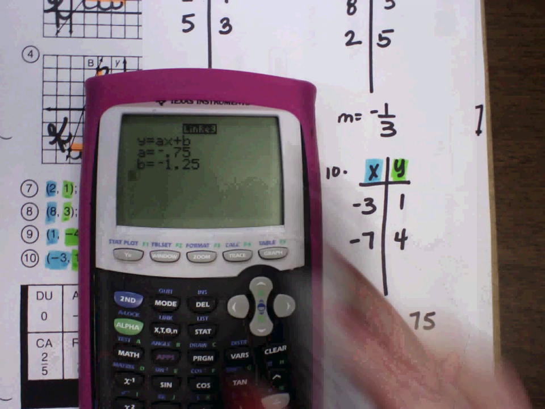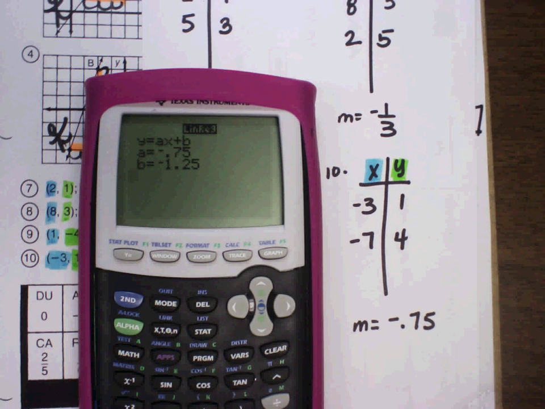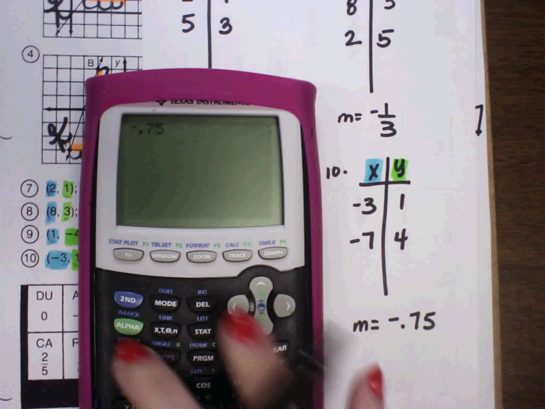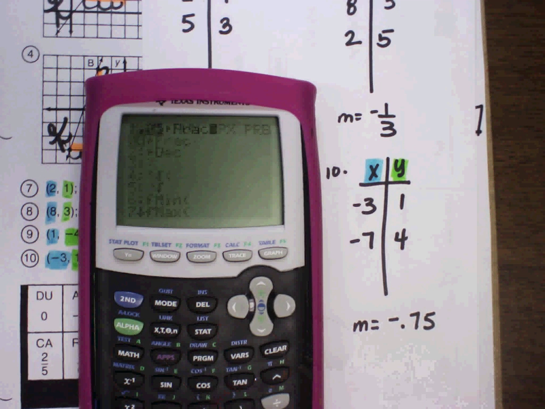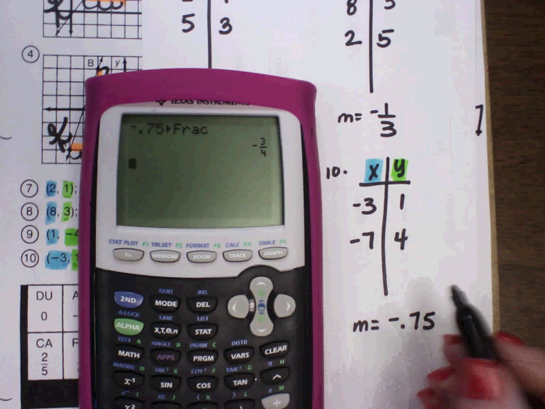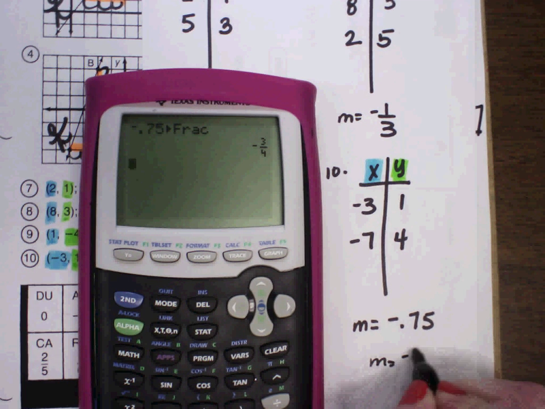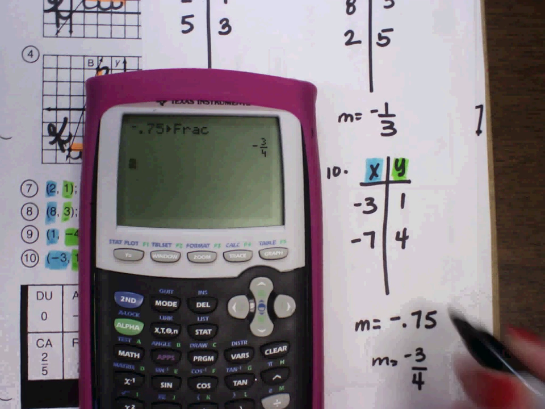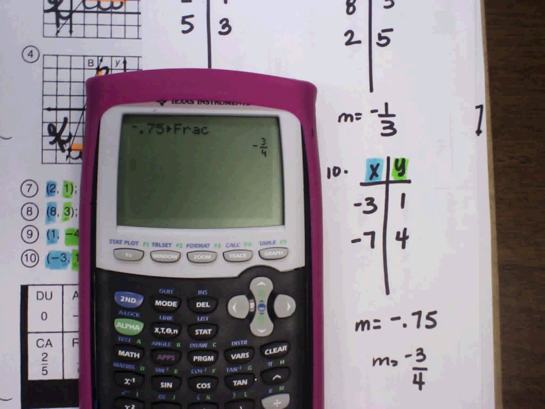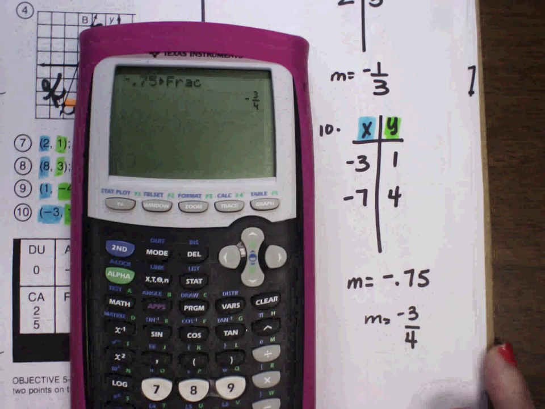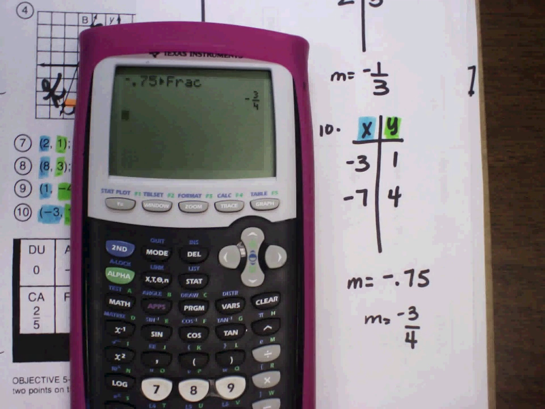That's my slope. So what do we do now? -0.75 and change it into a what? Fraction. That's -3/4. Okay, what's my rise? 3. And what's my run? 4. There you go. All right.